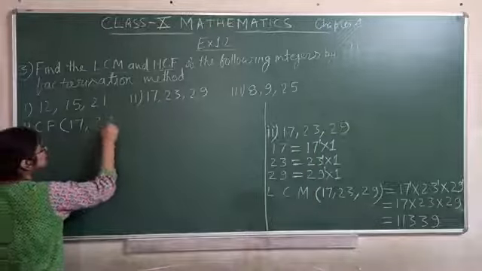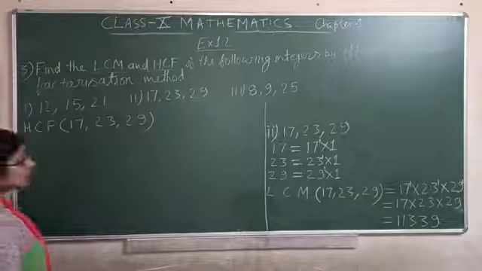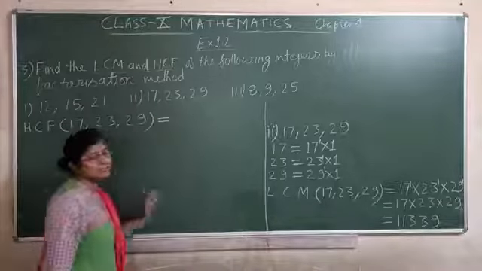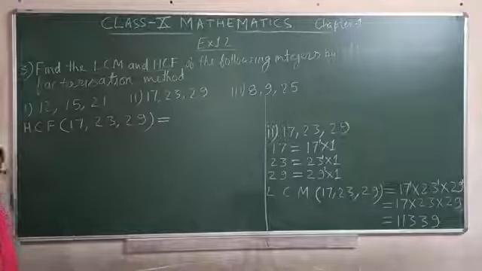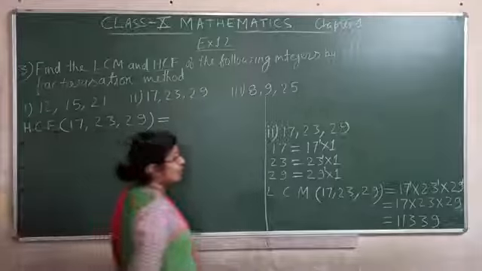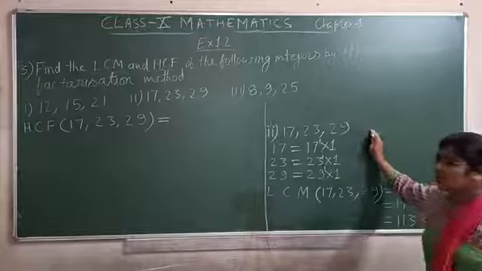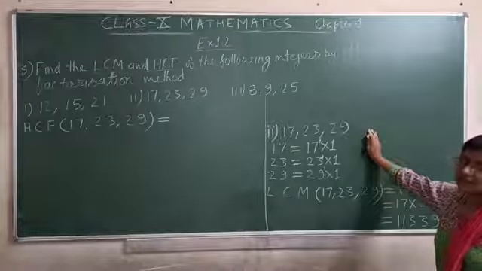Okay. So what will you get? For HCF, we have to choose least power of common factor. What do we have to take for HCF? Common factor, we have to choose with its least power.